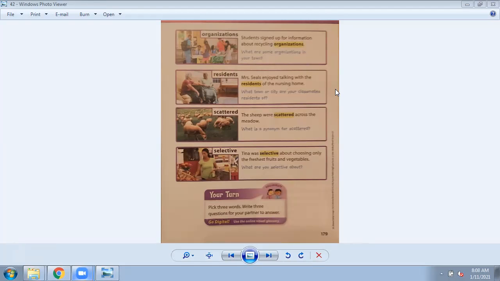All right, Pilar, can you read the sentence for us for selective, please? It's on the screen there.